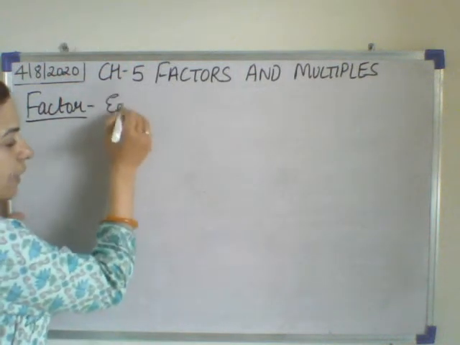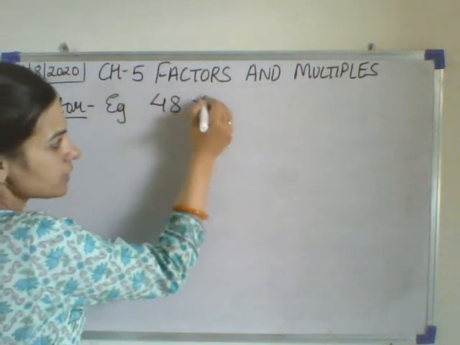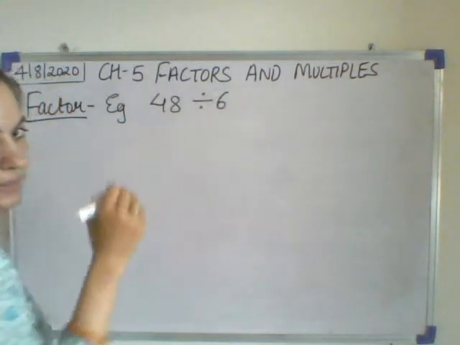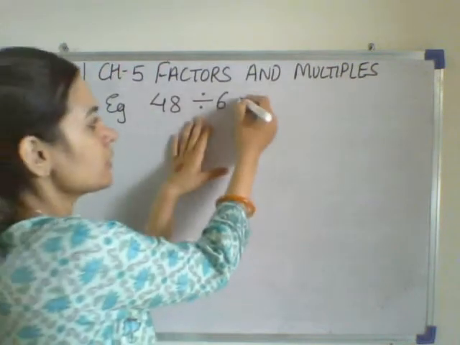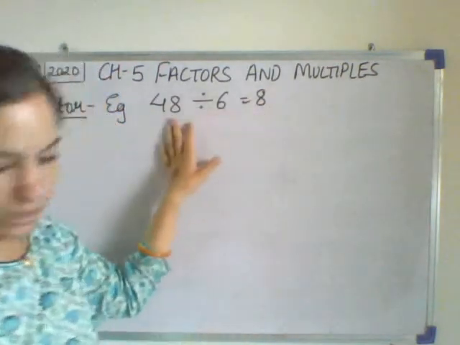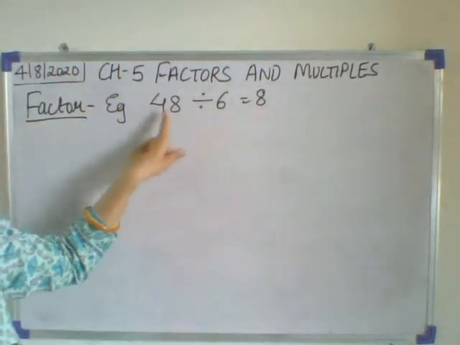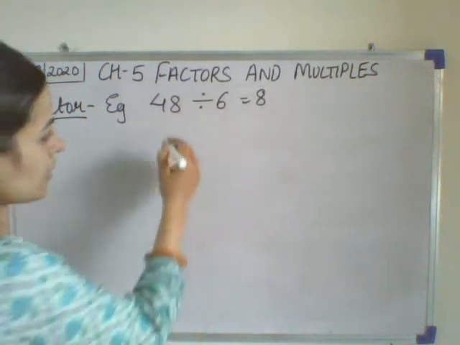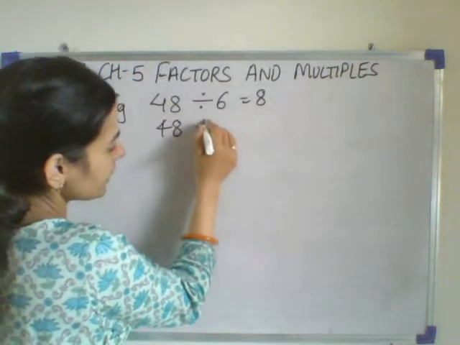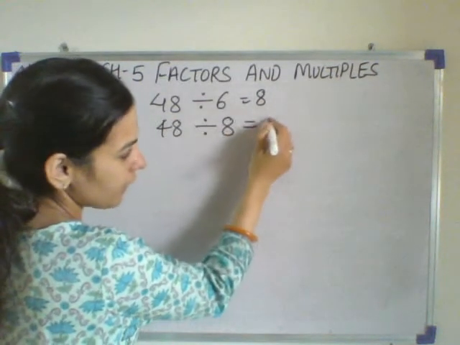Let us take an example like 48 divided by 6. If you divide 48 by 6, you get 8. 6 eights are 48. If I divide 48 by 8, I will get 6.